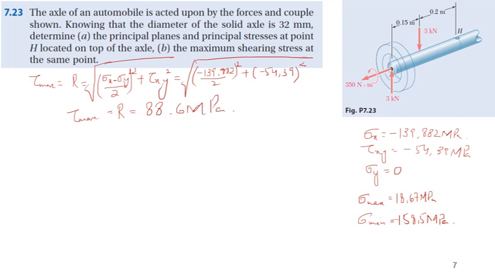Okay. Now, if I draw a Mohr circle for this problem, to represent it graphically, this is my sigma axis, this is my tau axis, and the average stress will be equal to 69.94, because sigma average is sigma x plus sigma y divided by 2.